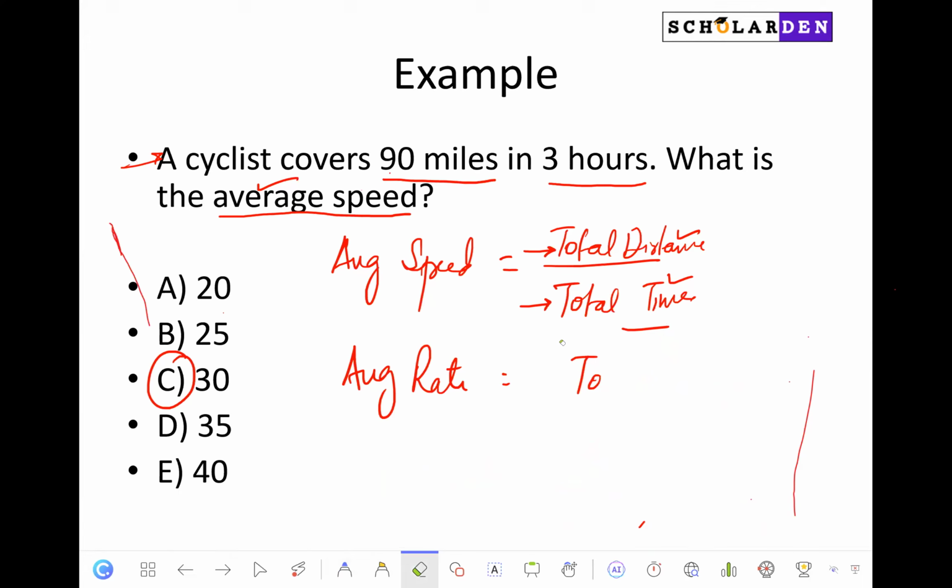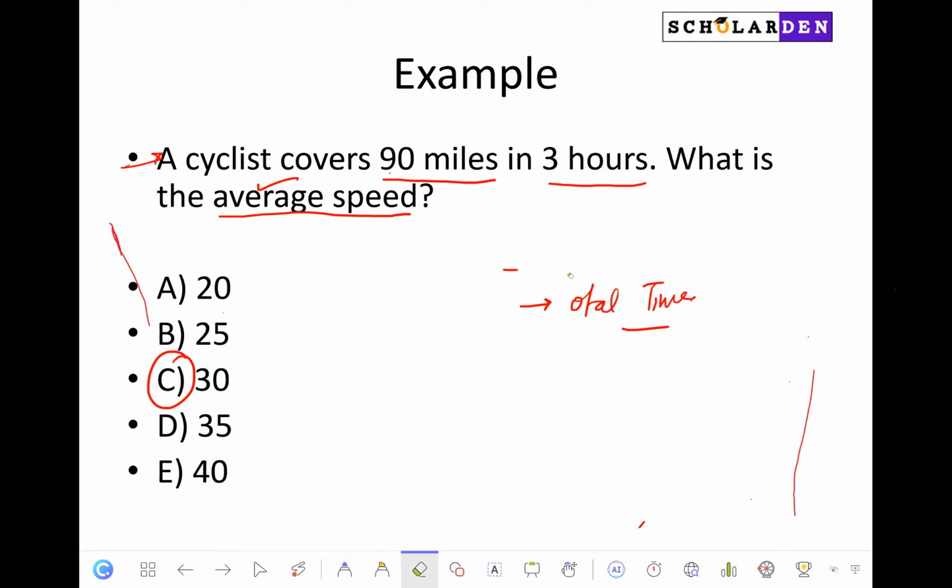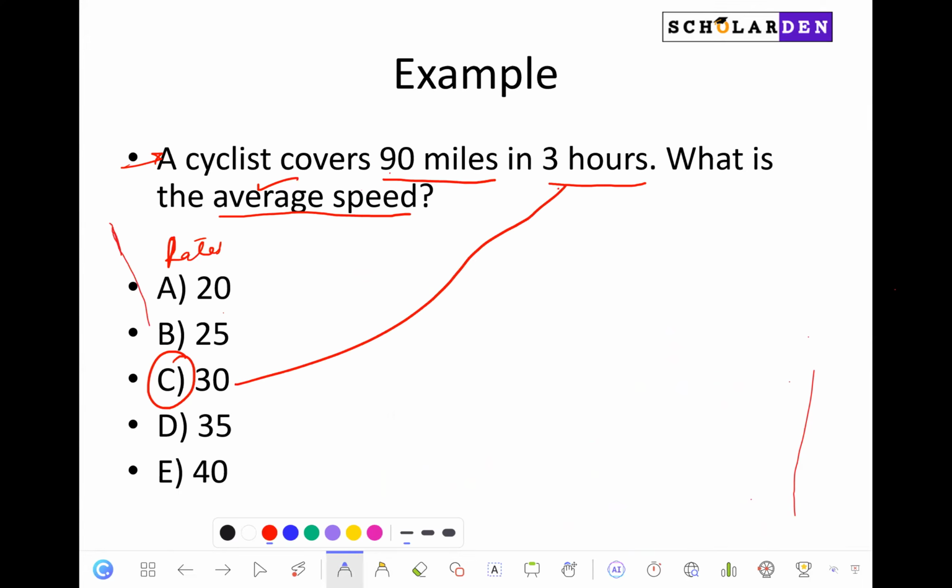what you can always do is understand that this is your average rate, or this is your average quantity, and if you multiply these rates with the time, you should get this quantity. Okay, so you can always do this with back solving as well.